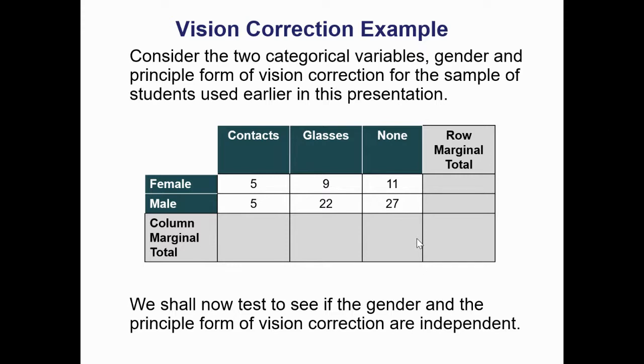The first thing we do is get our marginal totals. So for contacts, what would our marginal total be? 10. For glasses, 31. For none, 38.